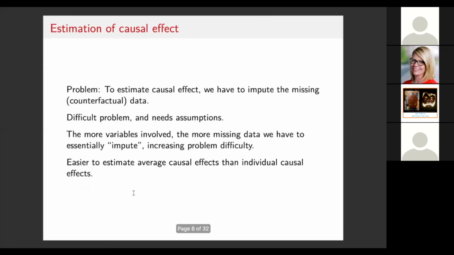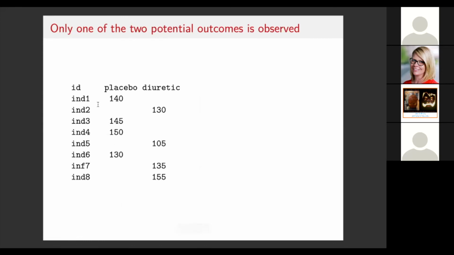So that is the central idea behind randomized clinical trials, where you choose who to give the placebo or the diuretic at random, and because that process is random, you can estimate the average effect of the placebo, the average effect of the diuretic, and you can take the difference.